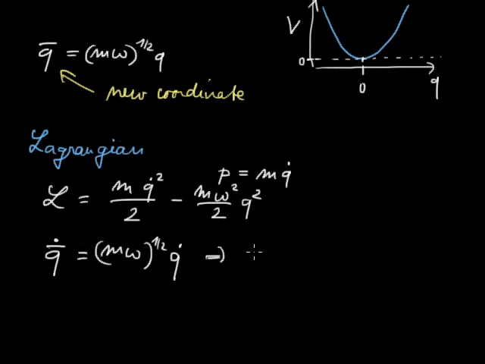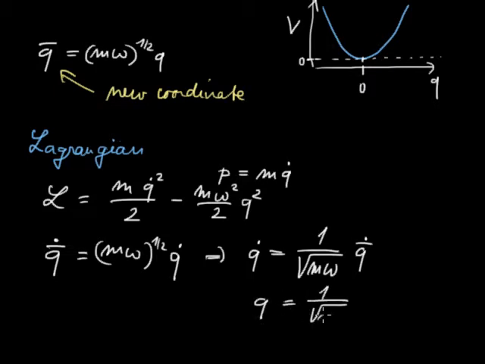So whenever I want to replace the old variable by the new one, I just put a prefactor 1 over square root of m omega, and now q bar. The same thing holds also for q dot itself.